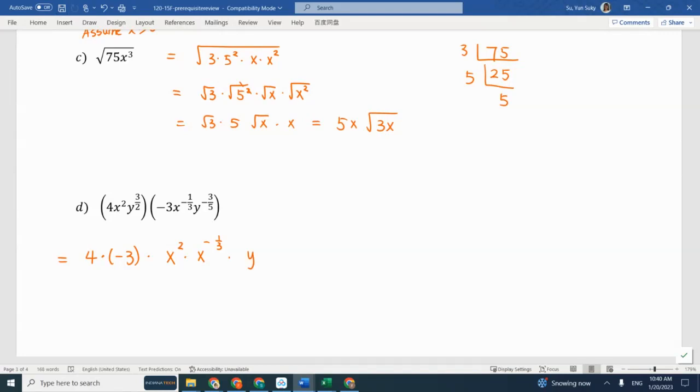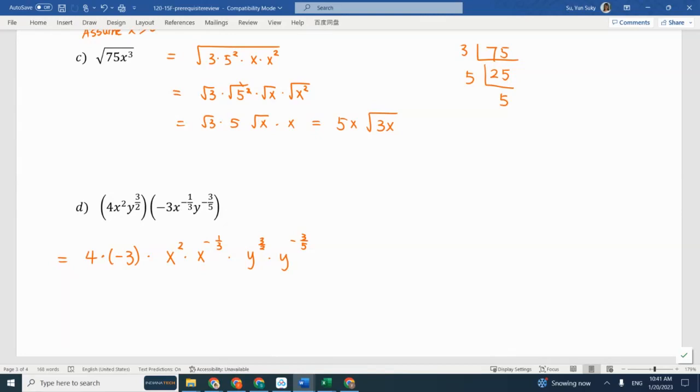Y to the 3/2, and y to the negative 3/5. Okay, so we write out the coefficients, the x powers and the y powers.